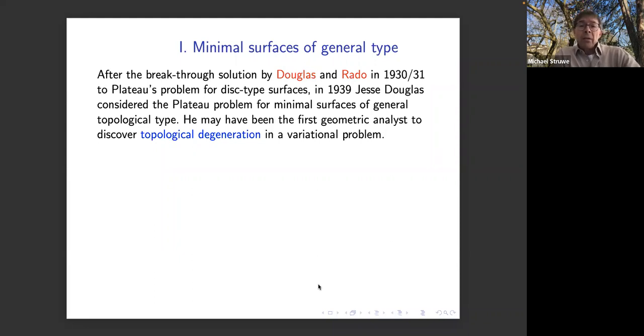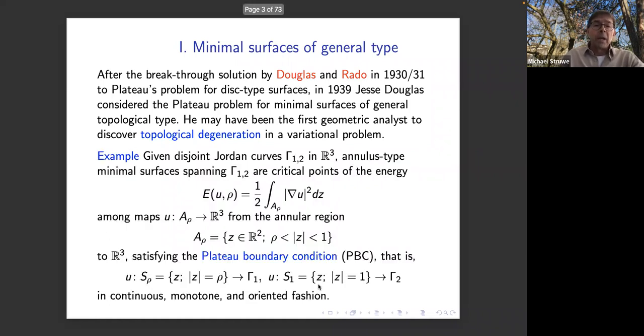But then in 1939, J.C. Douglas went on to consider this problem for surfaces of higher topological type, so surfaces of higher genus, like a torus with a disk removed. And in this process, he may have been the first geometric analyst to discover topological degeneration.